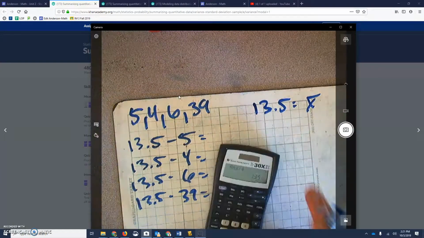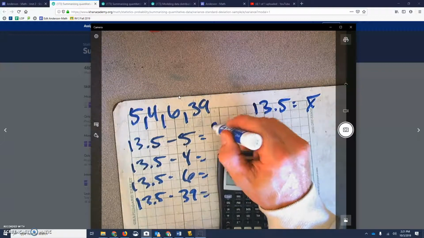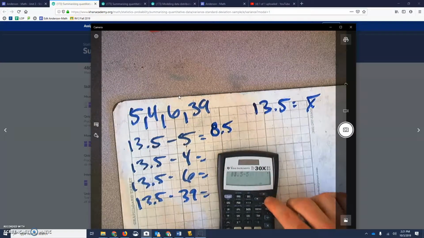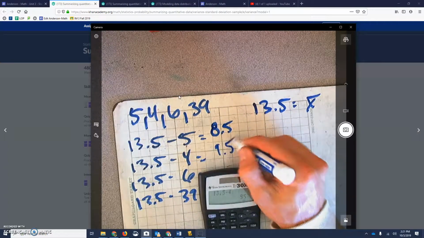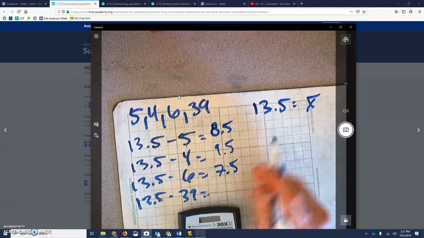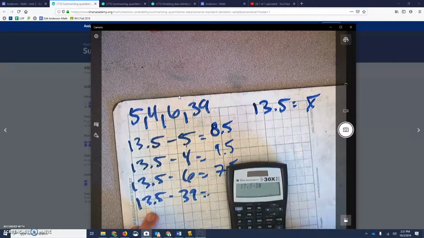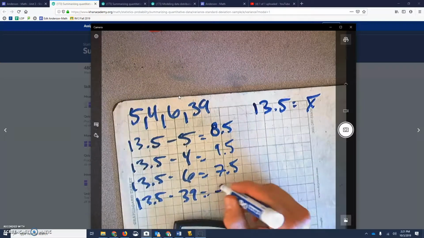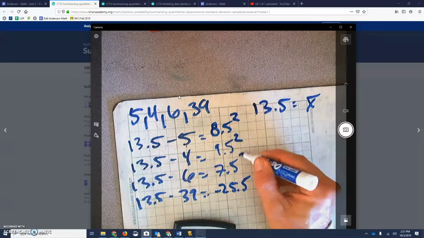So if you can't do this in your head, 13.5 minus 5 is 8.5. Minus 4 is 9.5. You can probably figure this one out, 7.5. And then 13.5 minus 39 is negative 25.5.